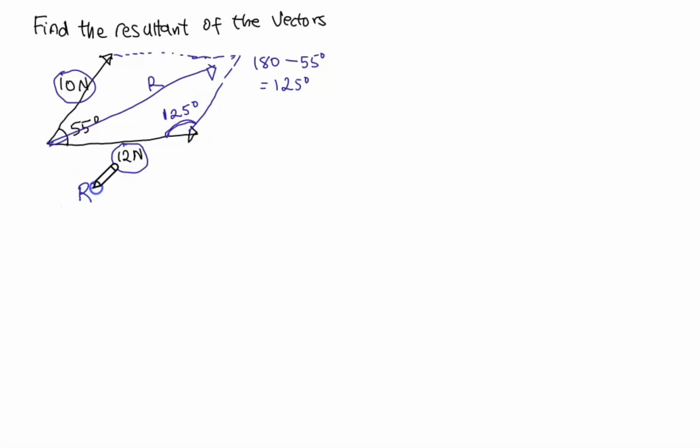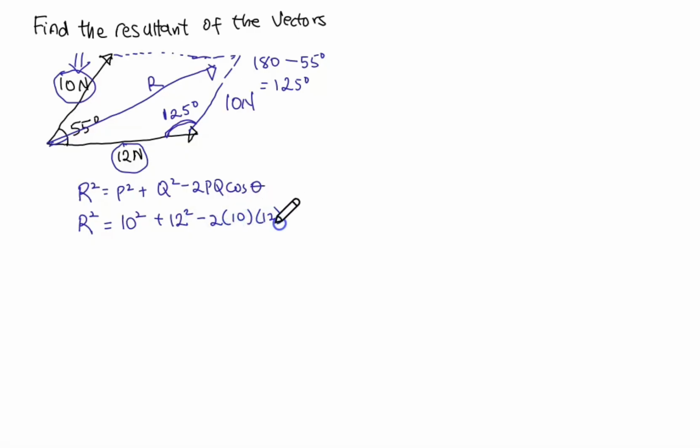So our formula is R squared equals P squared plus Q squared minus 2PQ cos theta. If this side is 10 Newton, the opposite side will also be 10 Newton. So now we have R squared, the resultant, equal to, taking one side as 10 squared plus the other side as 12 squared, minus 2 times 10 times 12 cos of the angle facing the resultant, which is 125 degrees.